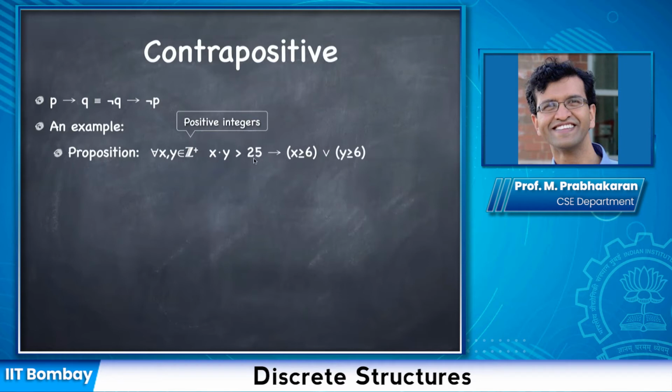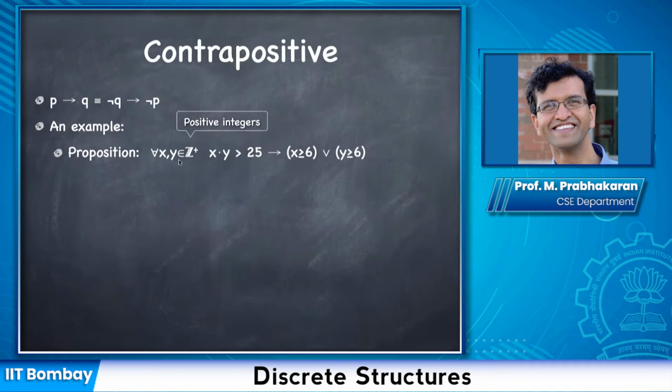Then you move on to 27, and say, okay, it's 3 times 9 or 27 times 1, and in either case that 9 or that 27 is greater than or equal to 6, and so forth. But this is not going to be a good idea for a proof because there are infinitely many numbers and you're never going to enumerate over all of them.